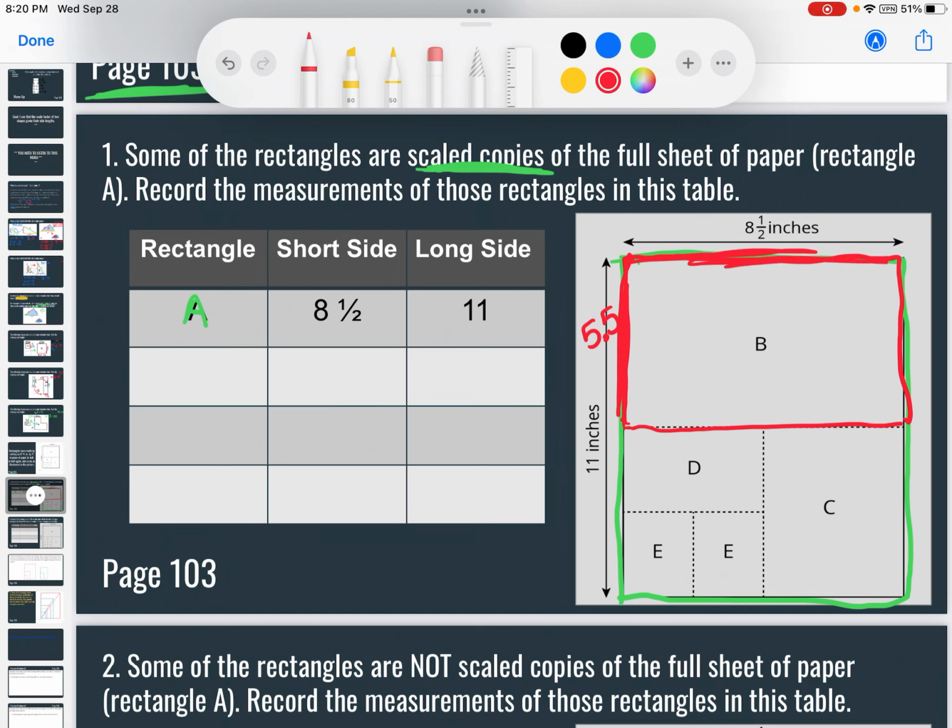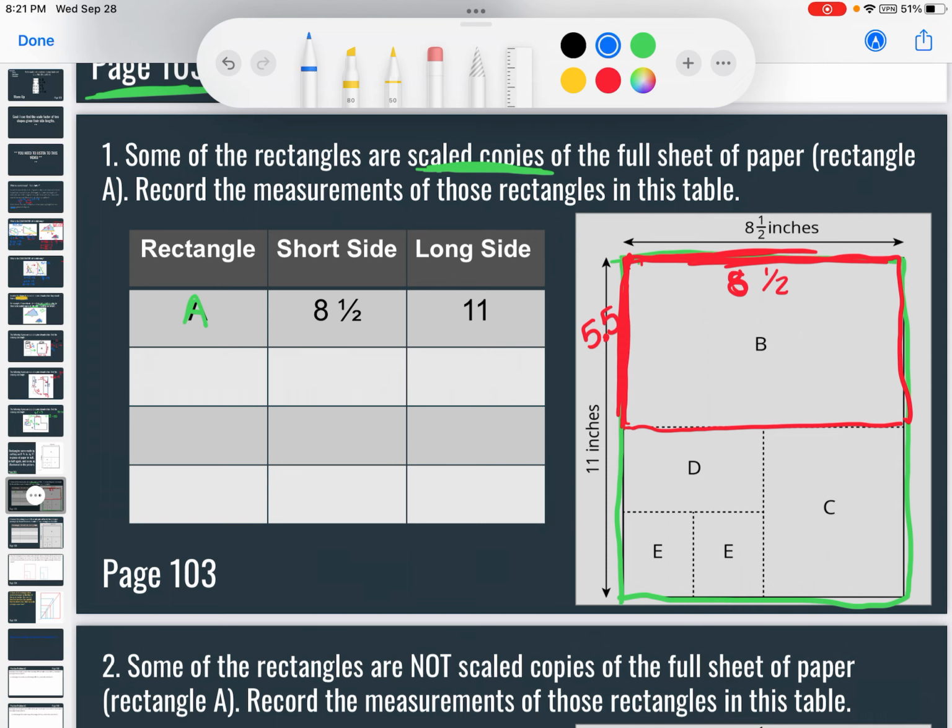But now my short side of the original is still 8.5. So I cut one side in half, but I kept one side the same. So is that a scaled copy? No, because in order for it to be a scaled copy, I would have had to cut both sides in half. So B is not a scaled copy, so we're not going to write it in our table here.